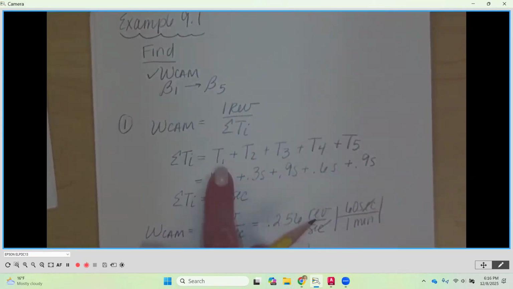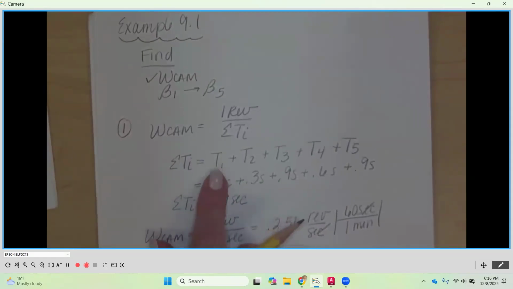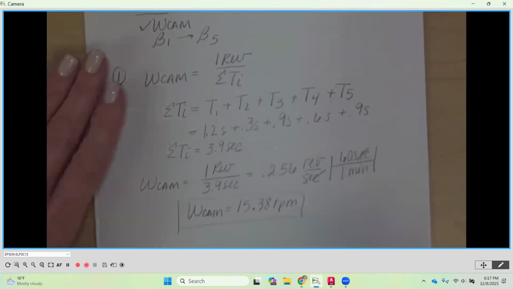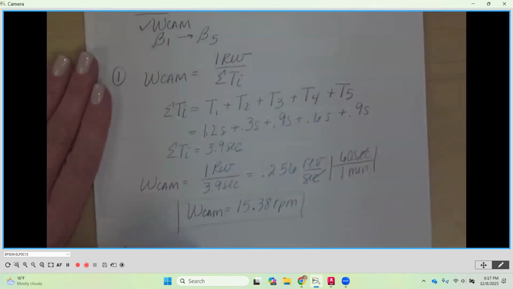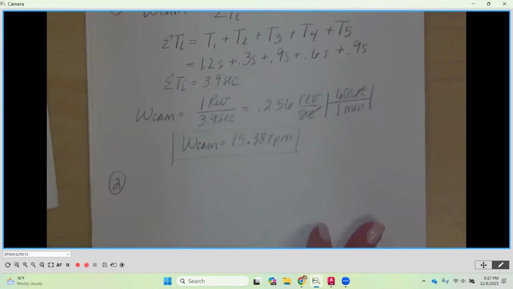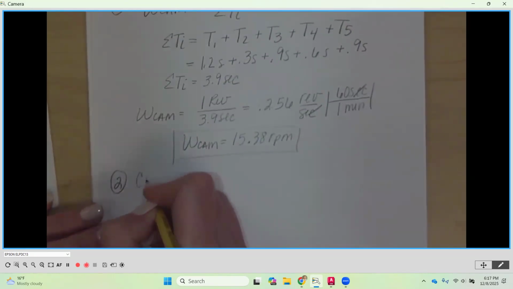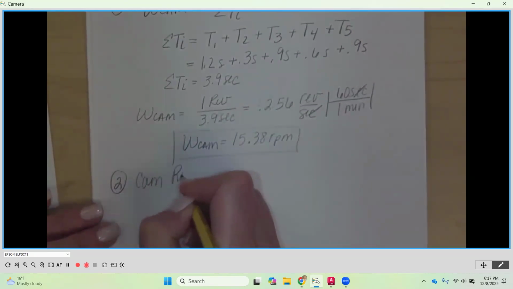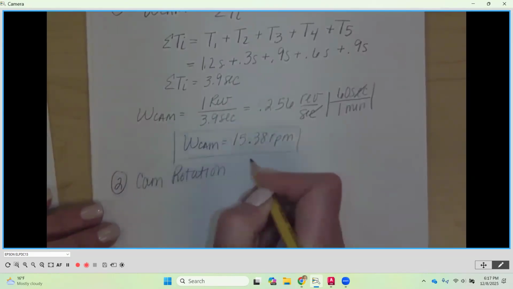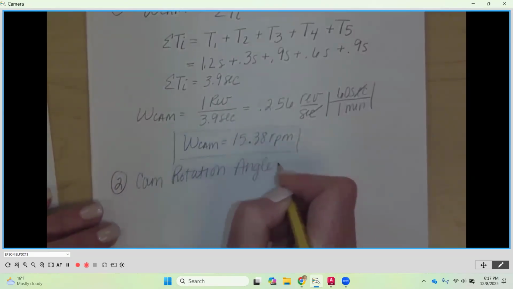How many degrees is that in one revolution? If I have 360 degrees in one revolution, how many of those take up that first motion, then the second motion, third motion, and so on? We want to get that in degrees. So step number 2 now is going to be looking at cam rotation angles.